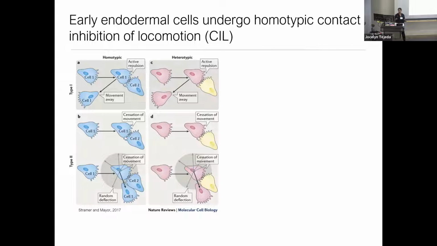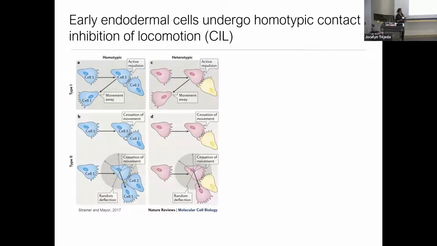We call this active repulsion, type 1 CIL. In type 2 CIL, when a cell bumps into another cell, it just stops or pauses. It's characterized by a brief cessation of movement, and then through random deflection, that pause is resolved and the cell starts migrating.